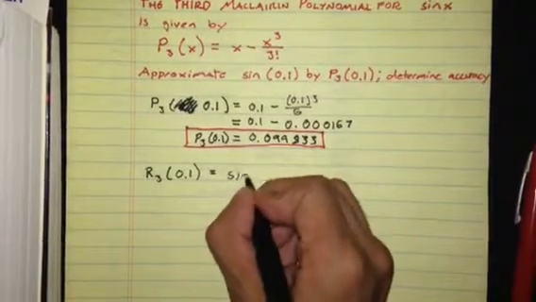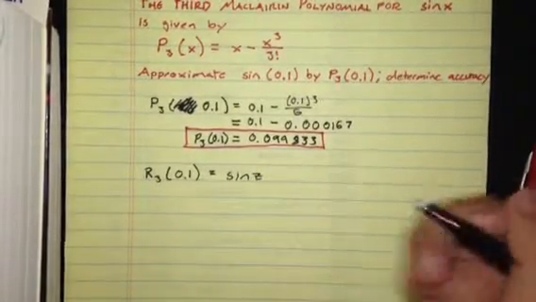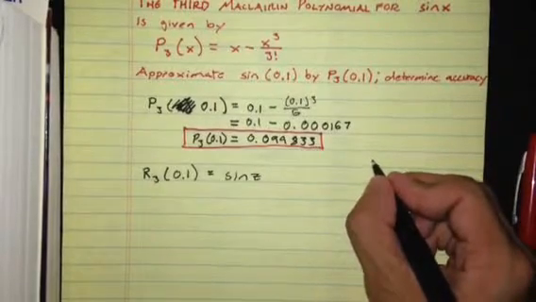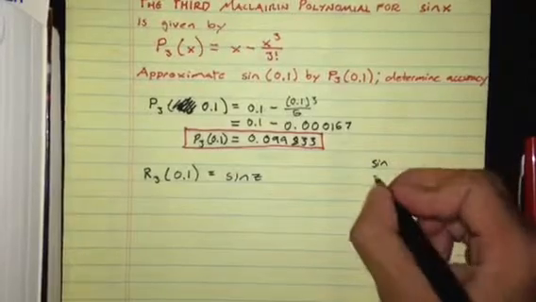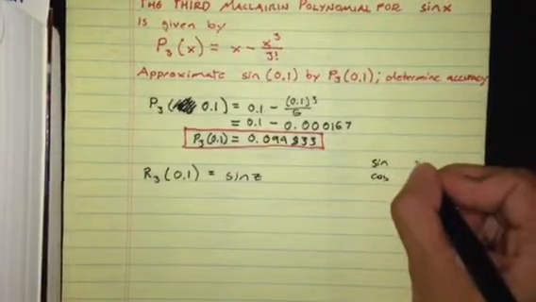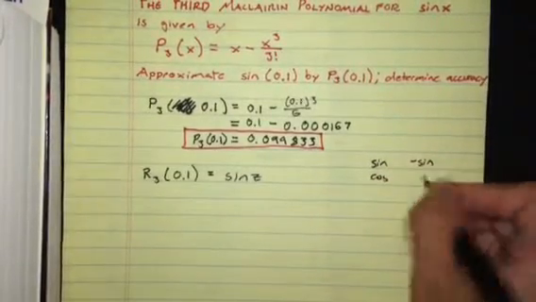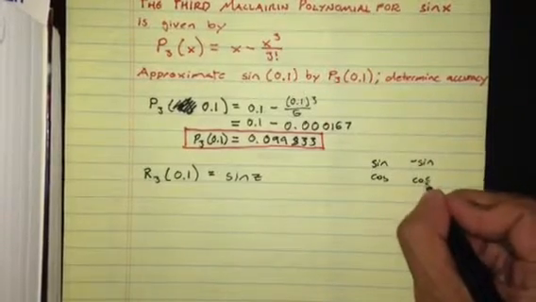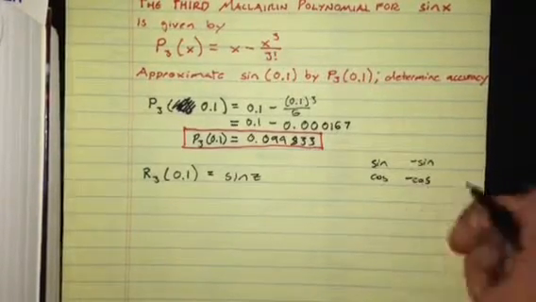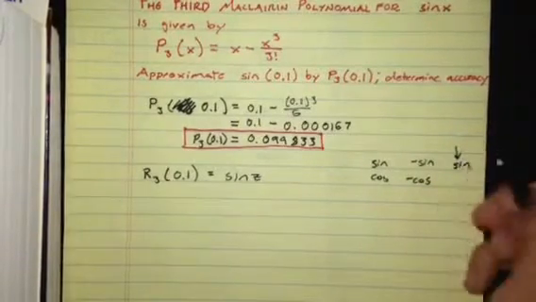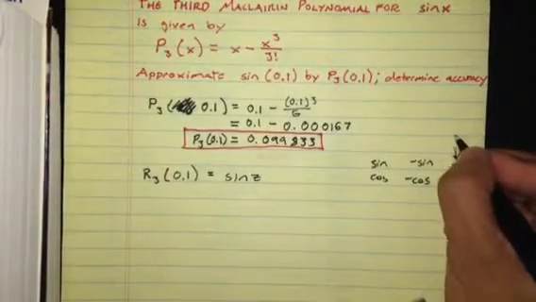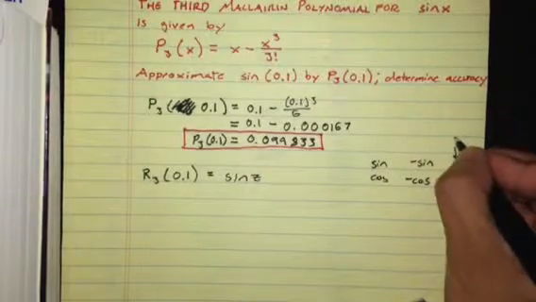In this case, it's going to be sine z, because we're going to want the fourth derivative of sine, and sine is the fourth derivative of sine.